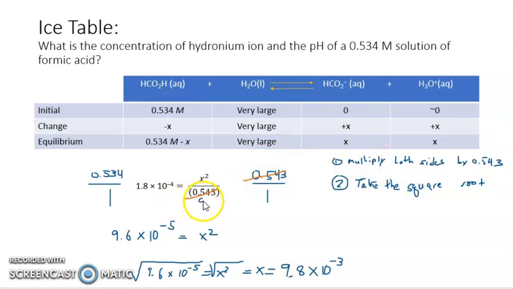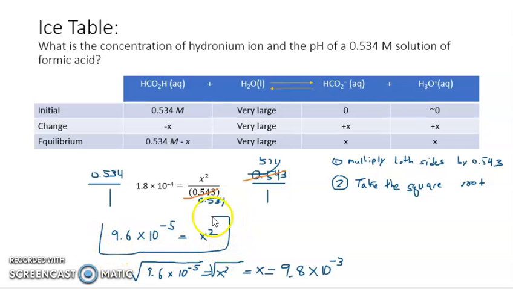This is 0.534, fixing my typo. That's going to cancel. And then we just have that 0.534 times 1.8 times 10 to the minus 4 equals x squared.